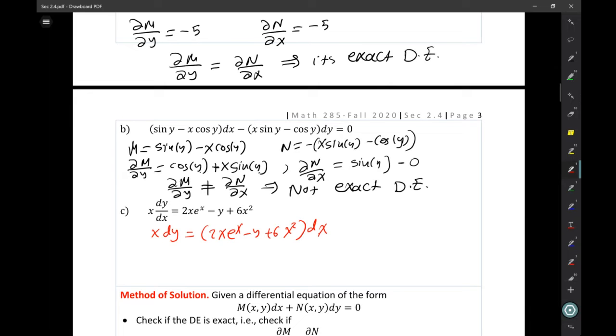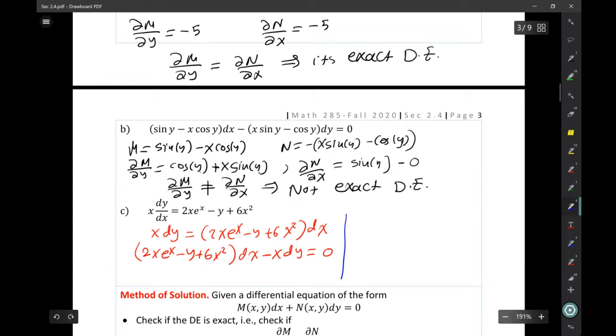Alright. If you take x dy to the other side, that becomes (2x e^x minus y plus 6x squared) dx minus x dy equals 0.